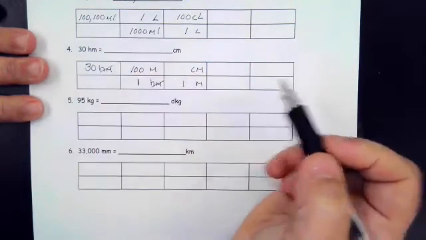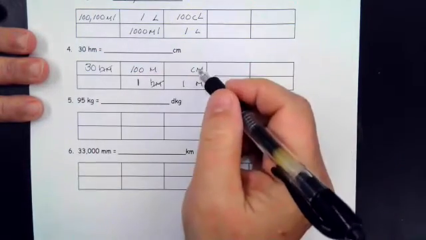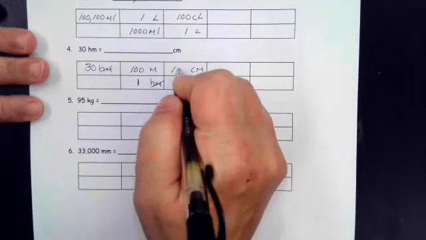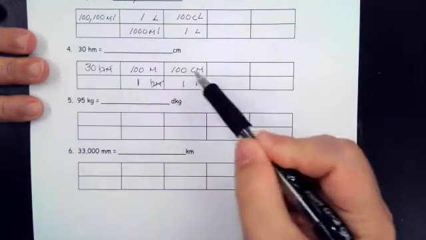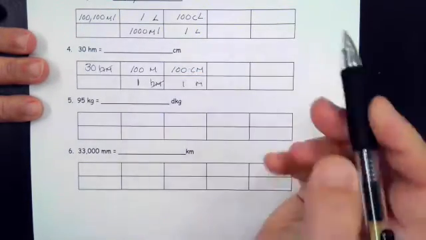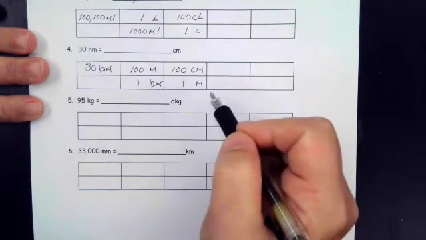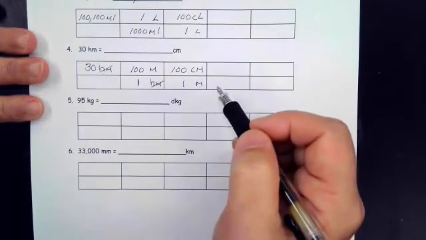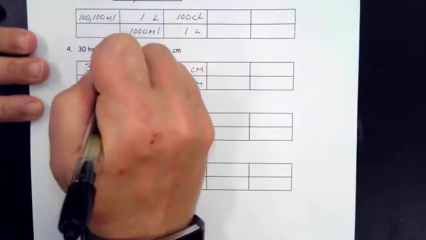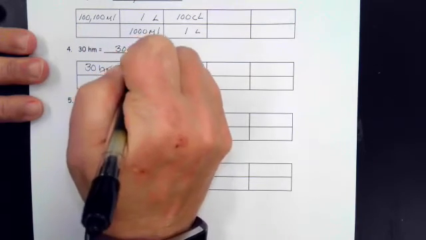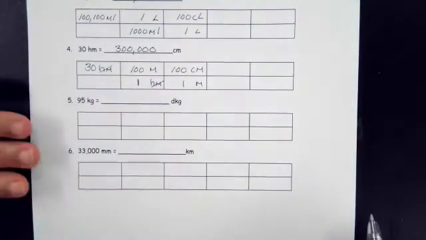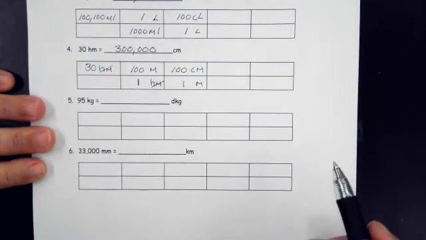Hecto begins with H, 100 begins with H. How many centimeters in a meter? Again, that's 100. So you're going to multiply across the top, 30 times 100 times 100, and divide by whatever's on the bottom, and it just appears to be ones. So that gives us a grand total of 300,000 centimeters.